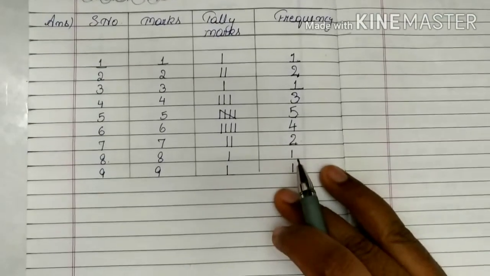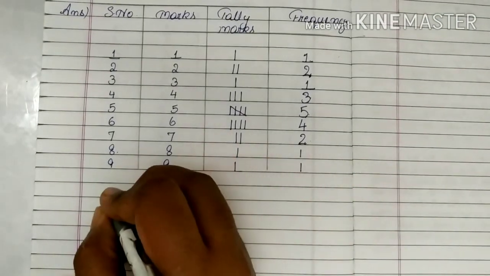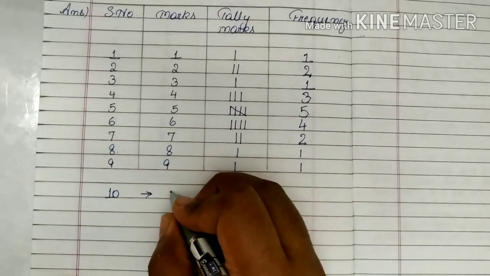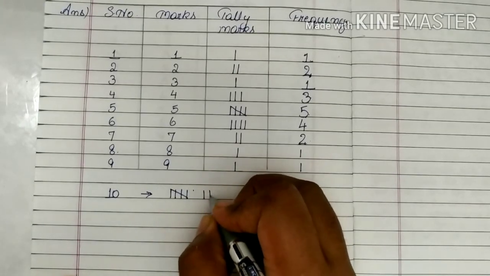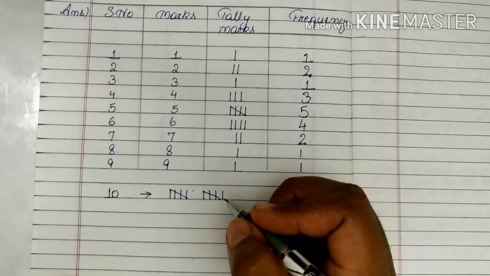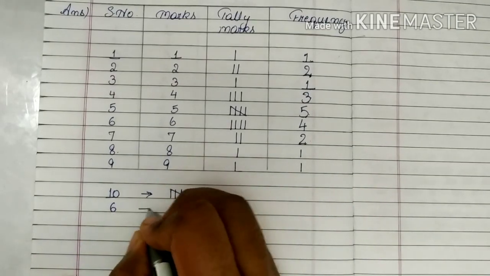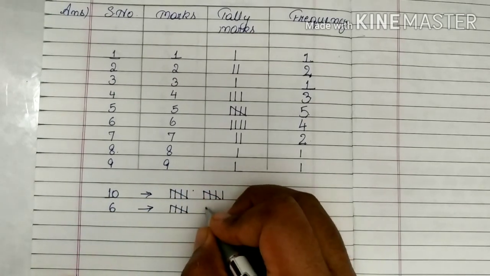Now one more thing you will have to remember is that, for example, if we have the frequency as 10, what will be the tally marks? It will be 1, 2, 3, 4, 5, 1, 2, 3, 4, 5. What will be the tally marks if we write the number as 6? It will be 1, 2, 3, 4, 5, 1.